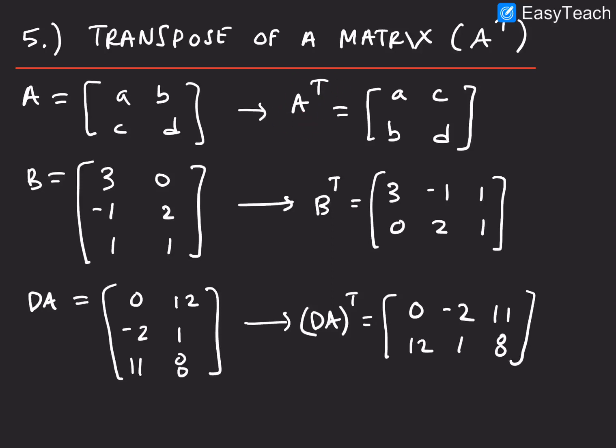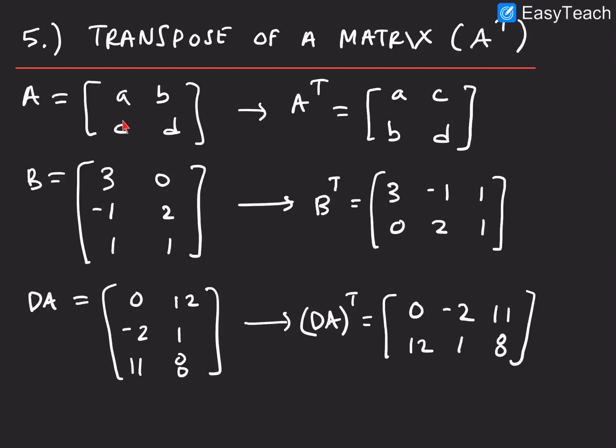All you're doing is you're making the columns rows. So over here we have this column AC, but now the new row is AC. So these columns become rows. Okay, so this column BD will now become a row, BD.